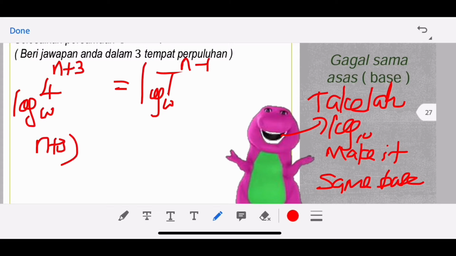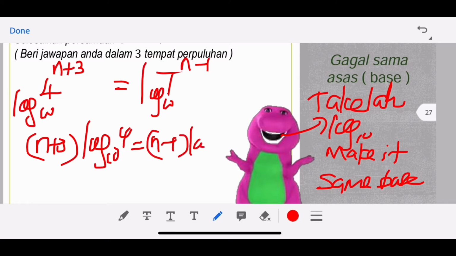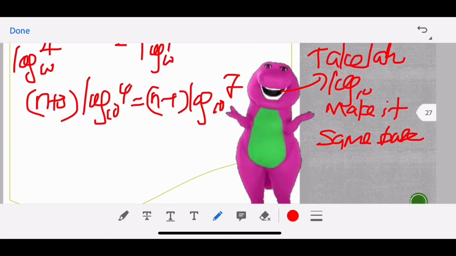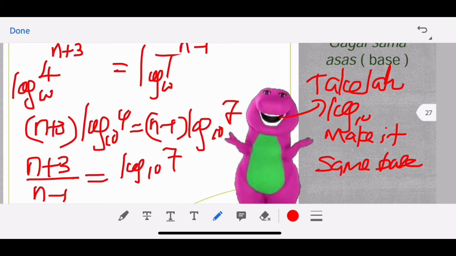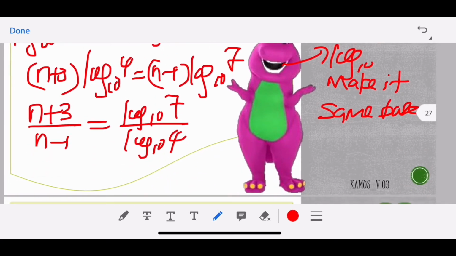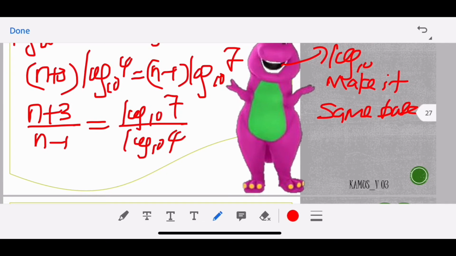So it becomes (n plus 3) log 10 of 4. Log 10 of 4 is a decimal number, okay? And then (n minus 1) log 10 of 7. So the moment you take log, it becomes a decimal number, so you have to solve it carefully. Now you can cross multiply, n plus 3 over n minus 1 equal to log 10 of 7 over log 10 of 4, and then you simplify the answer by pressing your calculator.